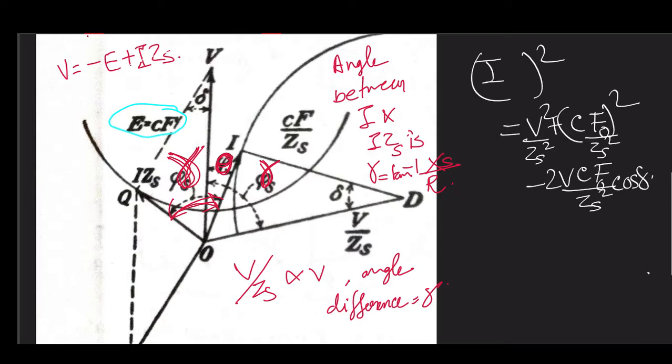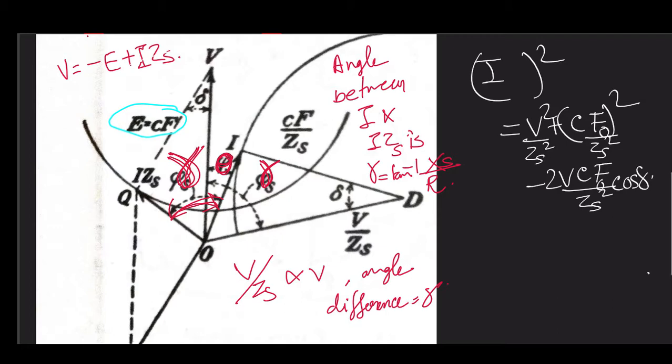The only variable is I, and this delta may vary. That is also a very important thing, and we should not overlook this aspect. For different values of delta, we can get different current.